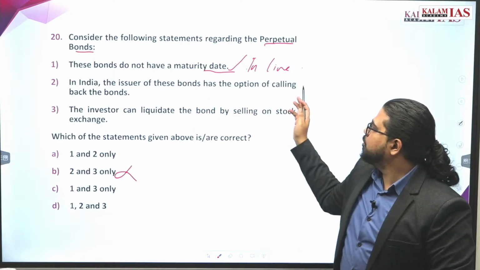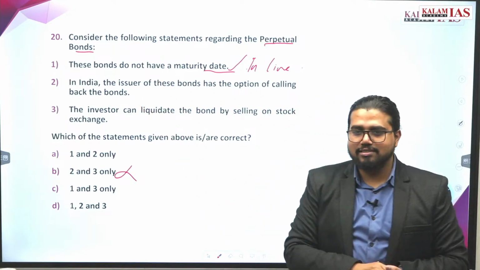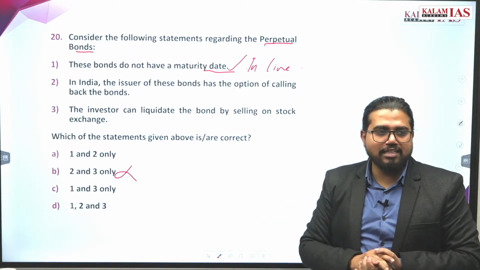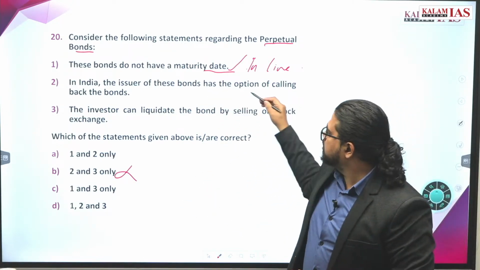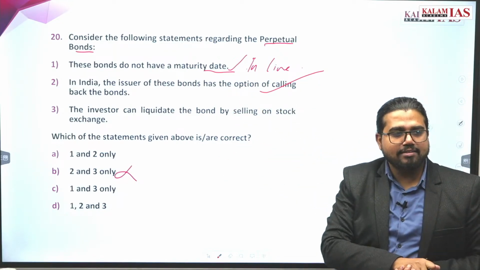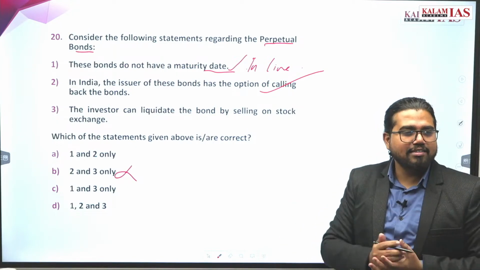Issuers of these bonds have an option of calling back the bonds. If you know, you know. Otherwise it's very difficult. Somebody is issuing this bond, he has the right to call it back. What logic can you apply here?